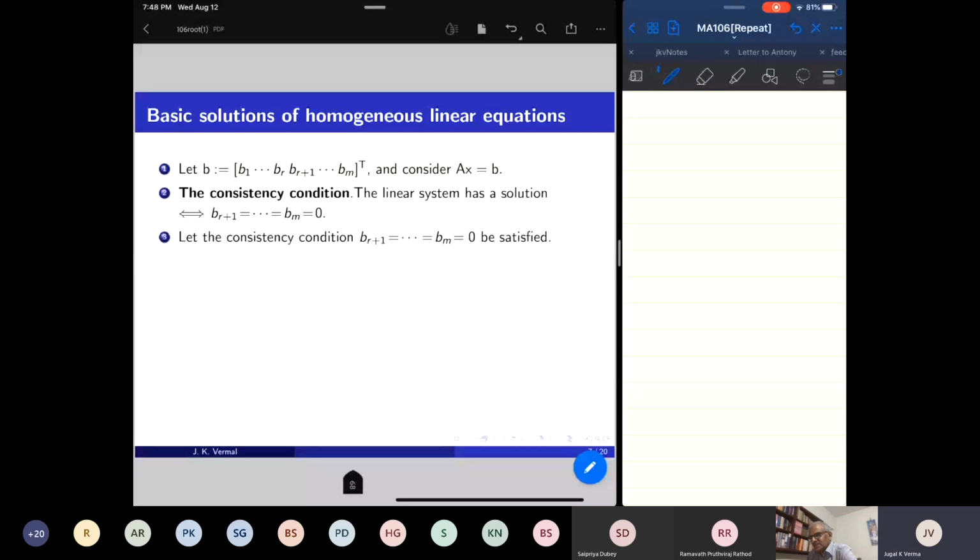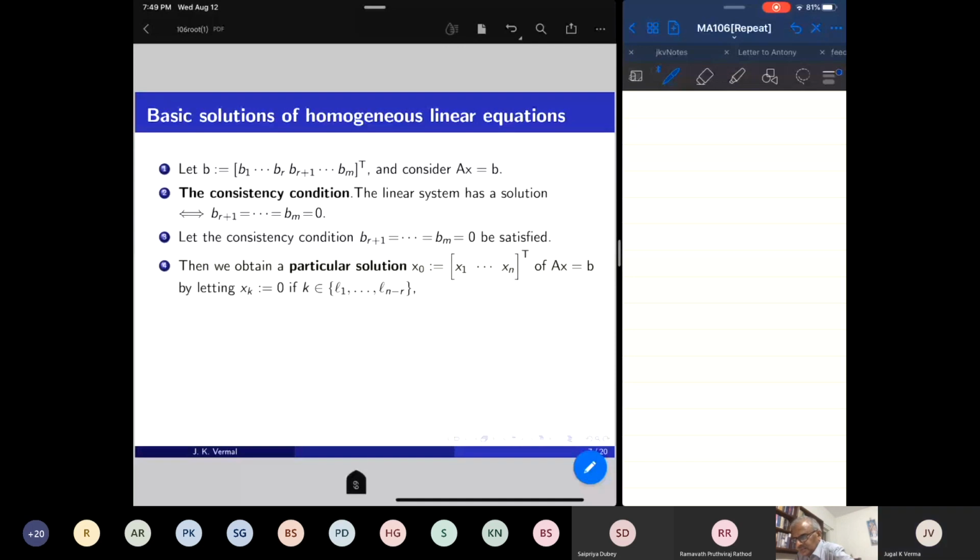So suppose the consistency condition is satisfied. Then we obtain a particular solution of Ax = b simply by substituting the non-pivotal variables equal to 0. If the consistency condition is satisfied, there is at least one solution, and quite often there are infinitely many solutions.